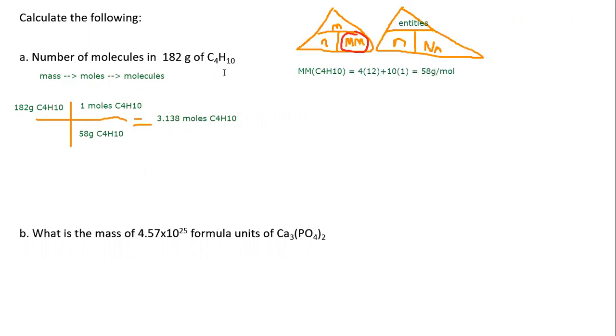We can find the molecules. So we have moles times Avogadro's number gives us molecules, which is our entity. So we put Avogadro's number on top.